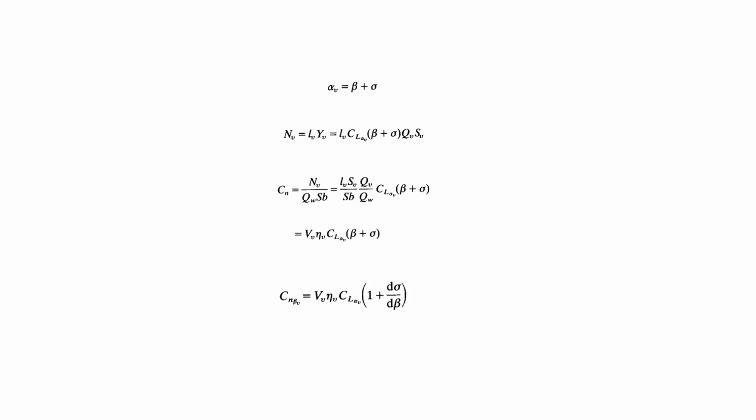Sir, as it doesn't produce any lift, it will be zero, right, sir? No, that will be for zero angle of attack. I'm asking about the slope. CM naught will be 0, but no idea, sir, about CL alpha. It's 2 pi. Okay, from theory, sir.